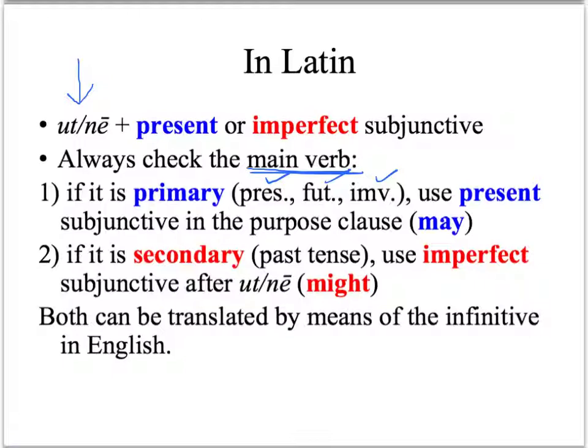If the main verb is secondary, which is to say past tense, then you will use imperfect subjunctive after the ut or ne. The imperfect subjunctive can be translated using the English helping verb might. So may is present, might is past tense. Both of these purpose clauses can be translated by means of an infinitive in English, as we saw on the earlier slide.